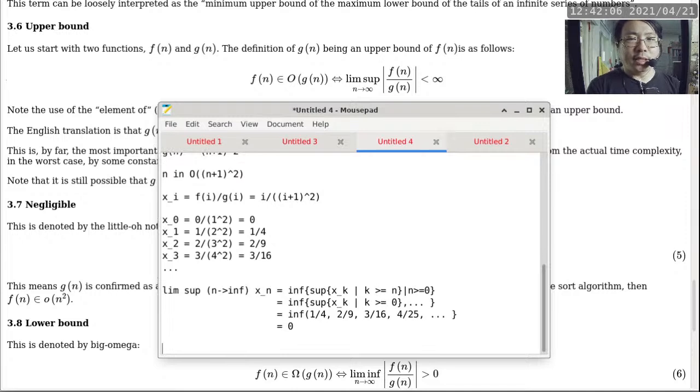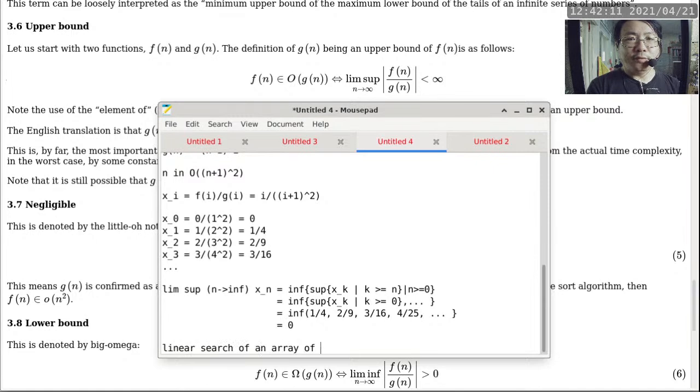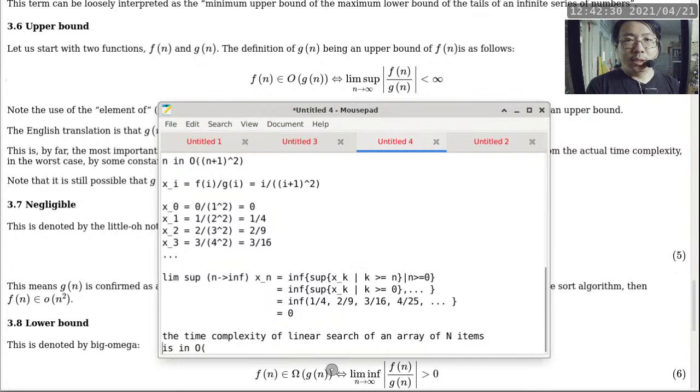So now we can say linear search of an array of n items is in big O, the time complexity, I should say, the time complexity of linear search of an array of n items is in big O of n squared. You go like, really? Yes.